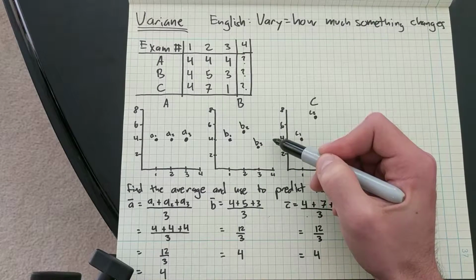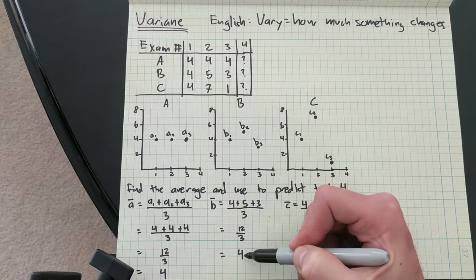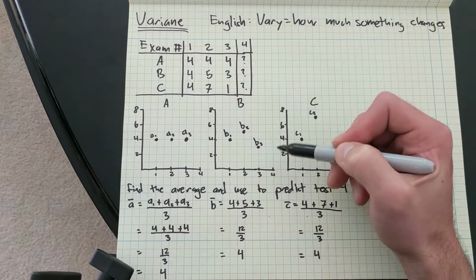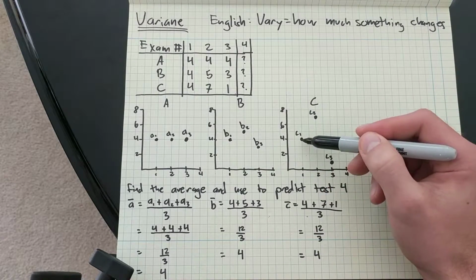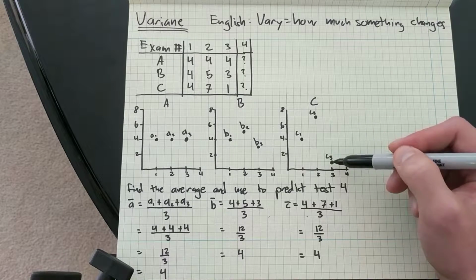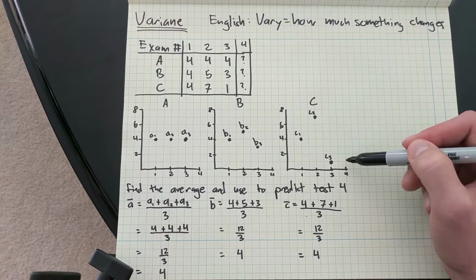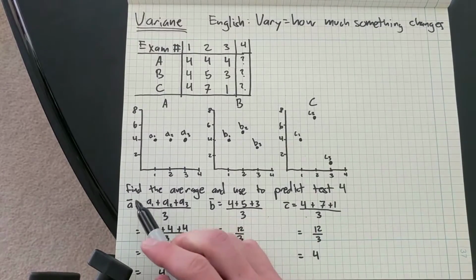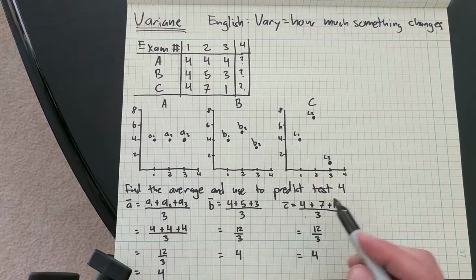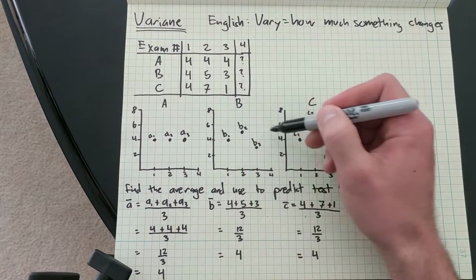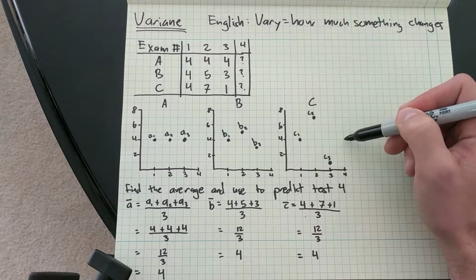I'm not too confident that using the average of 4 is a good predictor for what the next test score is going to be. And C is even worse. Look, we jump all the way up to 7, down to 1. I have really no idea what their fourth test score is going to be. But I'm going to use the average to predict test score 4. So for all three of these, my prediction is going to be 4.